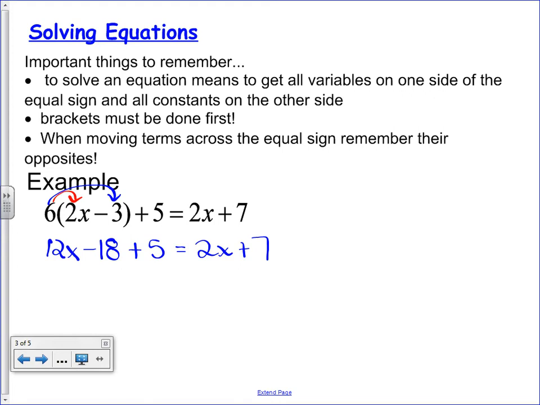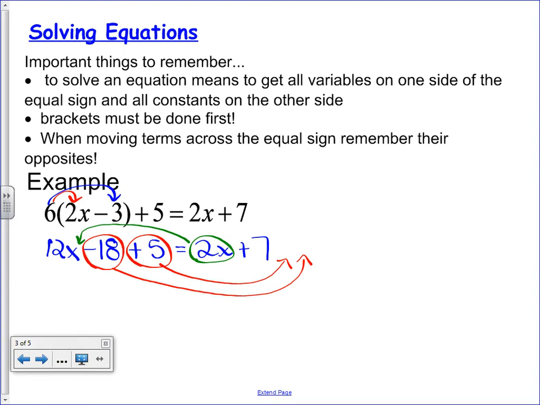So what am I going to be moving? Okay, I got to move one of them. So which one am I going to move? Okay, so I'm going to move this 2x over here. What else am I going to be moving? Anything else? Good.